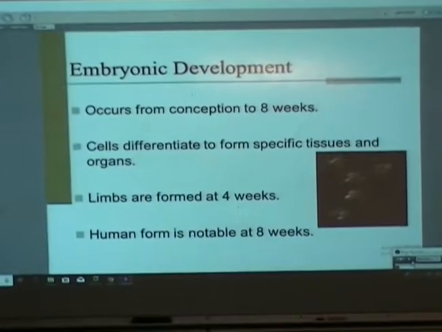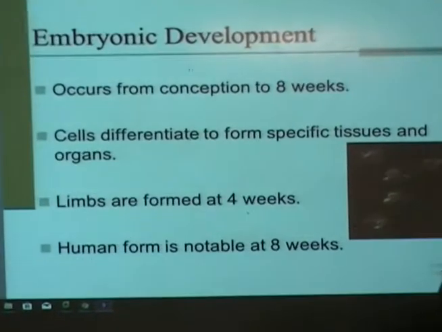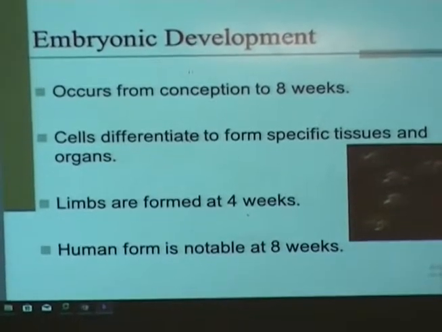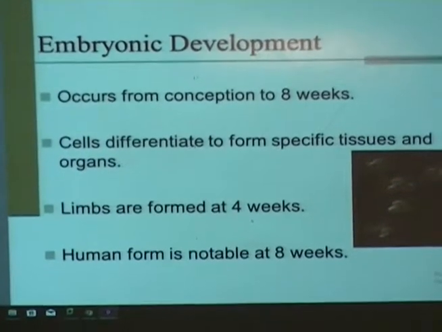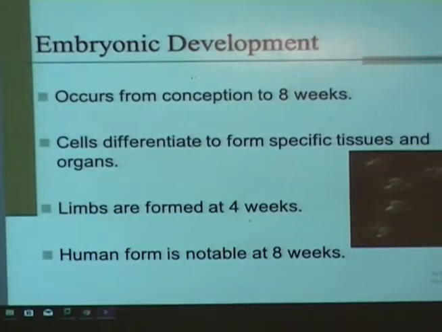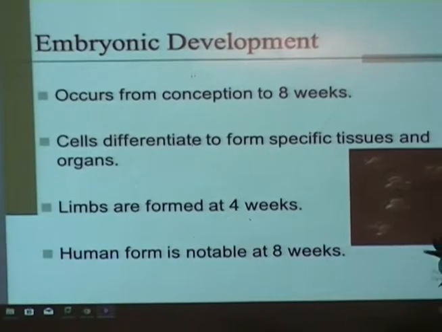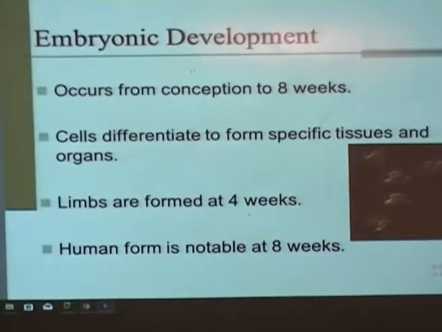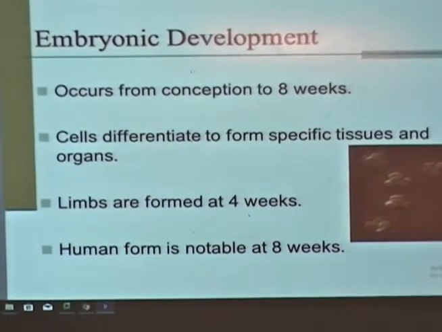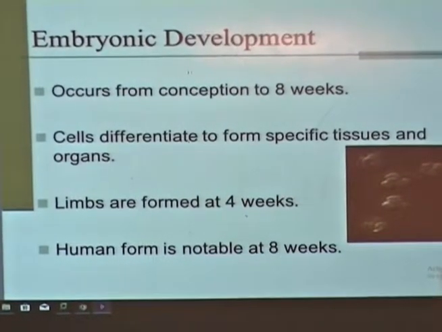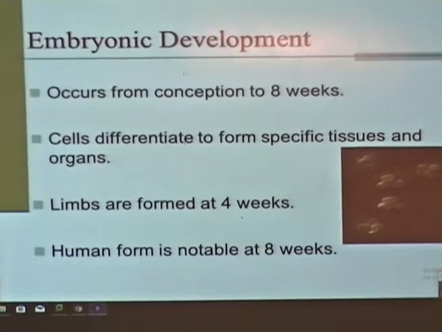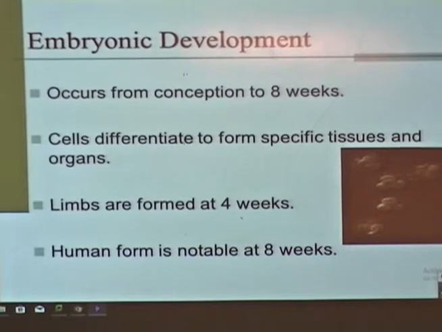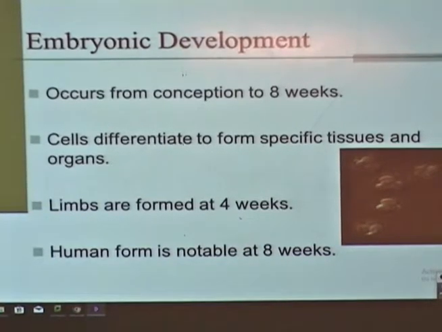All right, so the first phase of development is the embryo. The embryonic period lasts from conception up to 8 weeks. Conception occurs in the fallopian tubes. It takes 3 to 4 days for that egg then to move to the uterus, and the placenta attaches during week 2 to 3.